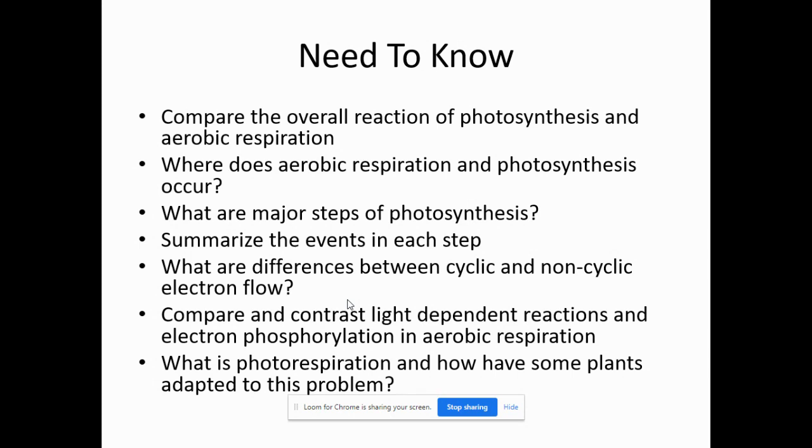Specifically, I'm talking about those electron transport chains. How are they the same between the light-dependent reactions and oxidative phosphorylation, and how are they different? What is photorespiration? And how have those C4 plants and CAM plants adapted to this problem?